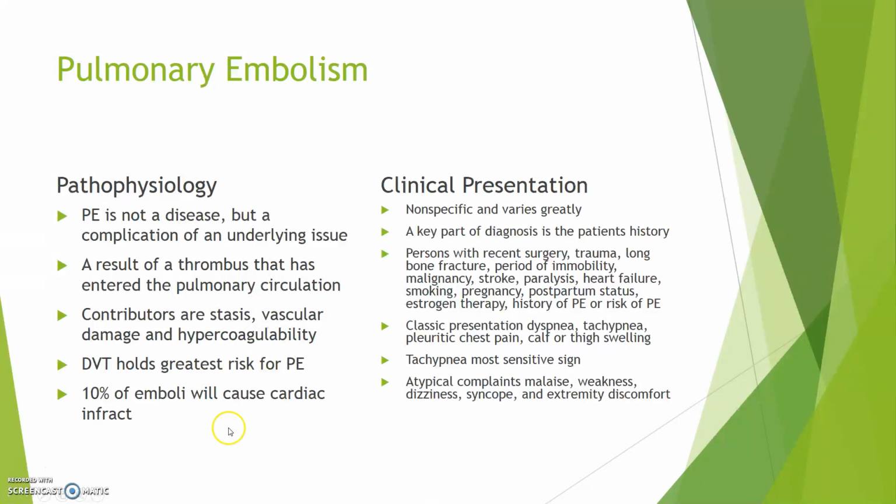Deep vein thrombosis holds the greatest risk for PE, and 10% of emboli will cause cardiac infarct. So, obviously, it enters the heart chamber to then be pumped into the lungs, and unfortunately, there's also risk of that cardiac infarct.